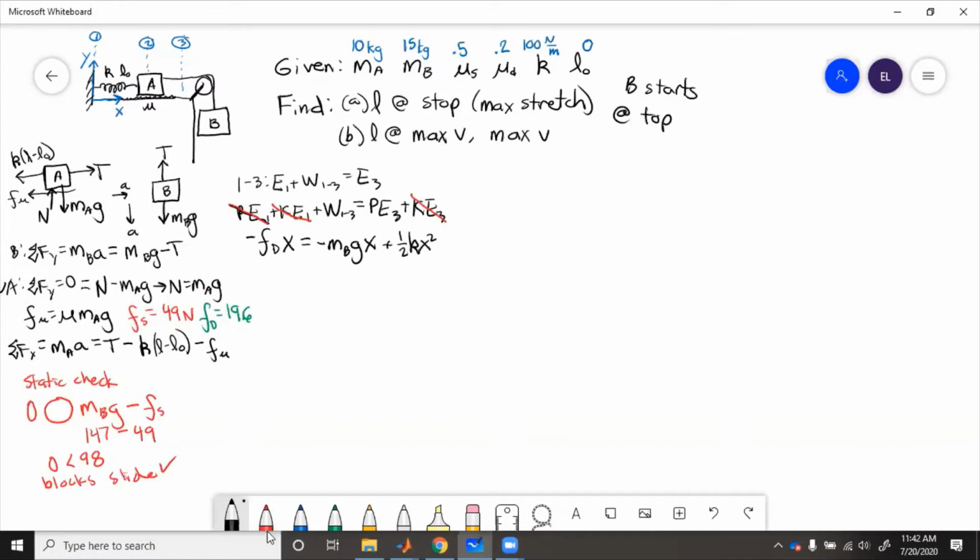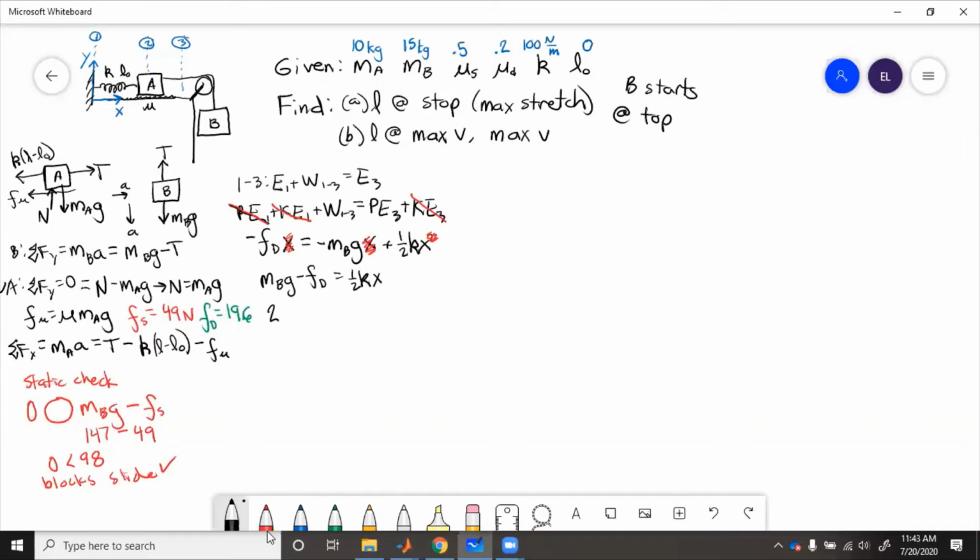Okay, so conveniently, we can cancel an X from here, from here, from here. And then we'll just have MBG minus FD equals 1/2 KX.